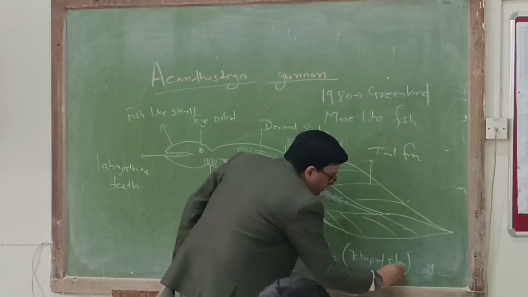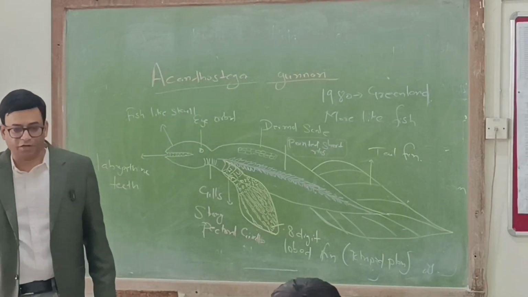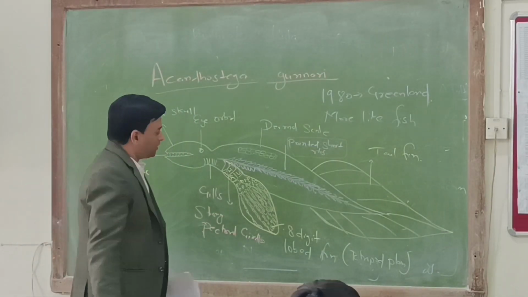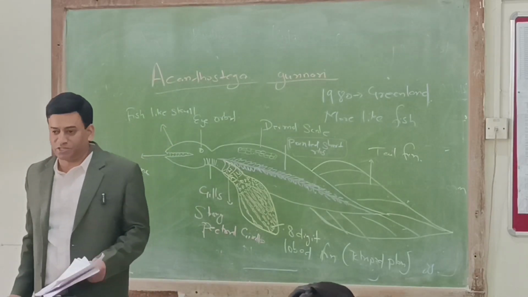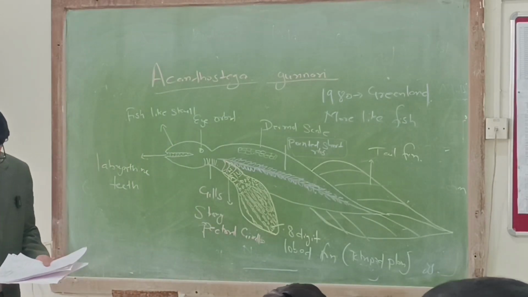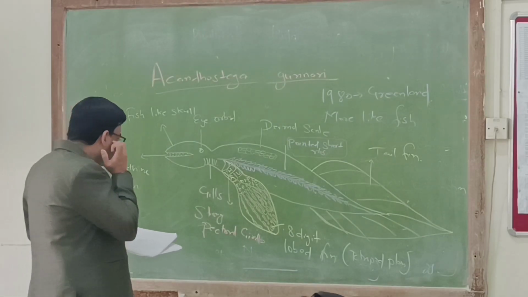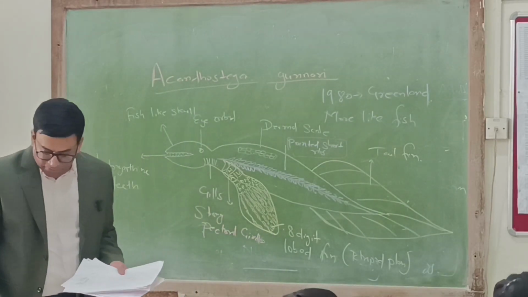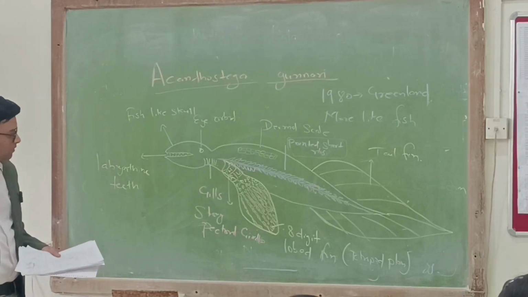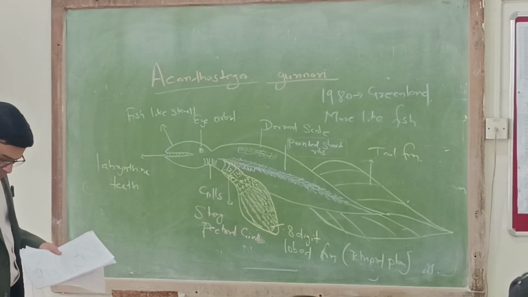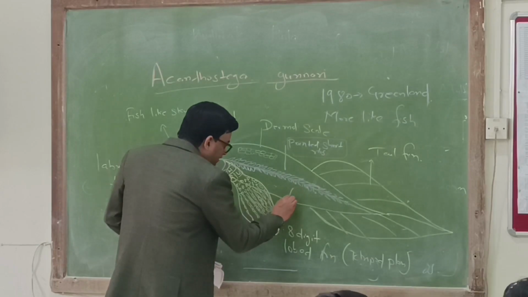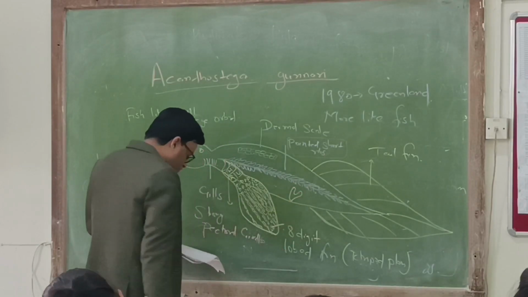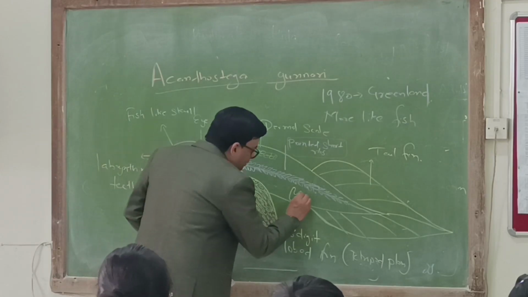This plan is just like ours, we have 1 bone, 2 bones and many bones, but we have 5 digits. But in the fossil we found that Acanthostega gunneri has 8 digits in the forelimb which has a tetrapod plan. Then it has a very strong what? Girdle. So write down that it has a pelvic girdle, and attached to the pelvic girdle there is also a limb.